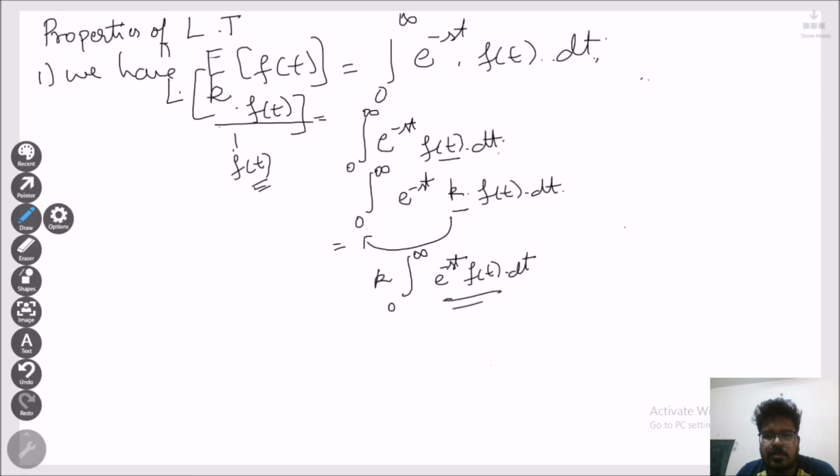So this is the Laplace transformation of f of t. So this can be replaced with L of f of t, and the k will always come here. So LHS is equal to RHS, Laplace transform of k into f of t is equal to k into L of f of t. This is the first property of Laplace we have seen.